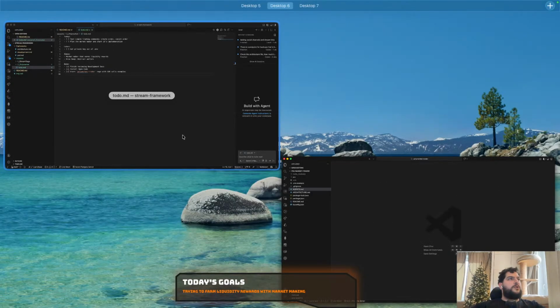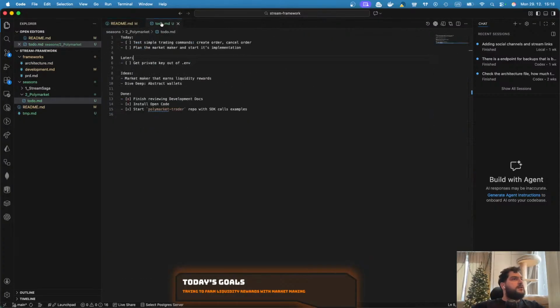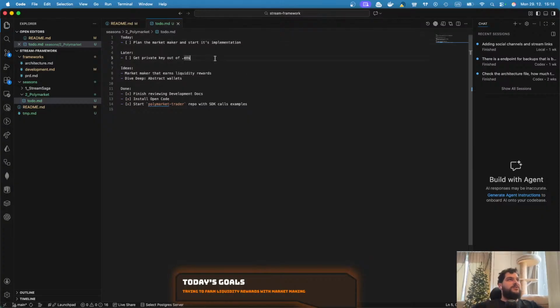Wait, hold on. I think we're going too fast in there. We wanted to test simple trading commands, create order, cancel order, but I guess we can skip that part. We will just do this with the market maker right away, because I'm super excited to start doing this. So that's why I just don't want to wait. Let's just delete it. Why not?